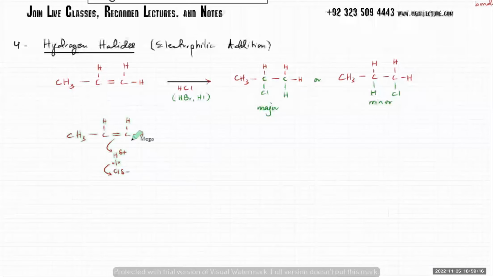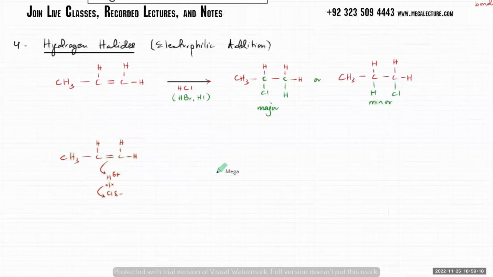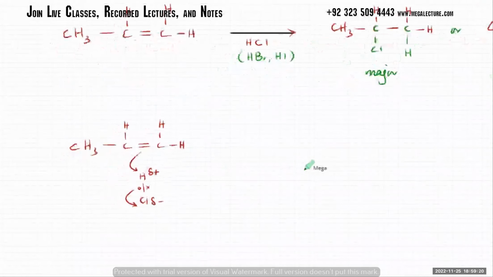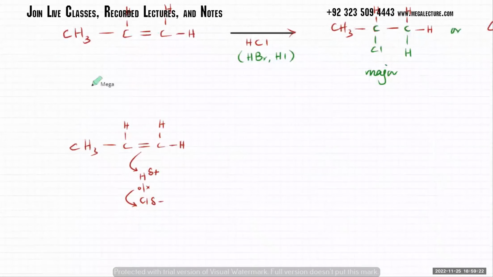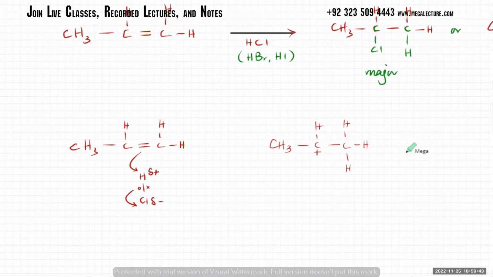That pi electron cloud is going to be attracted to it. And since it's going to be attracted to it, the next step will be that the double bond electrons will get attracted to the positive H, and one of the carbons in the double bond will become a carbocation.